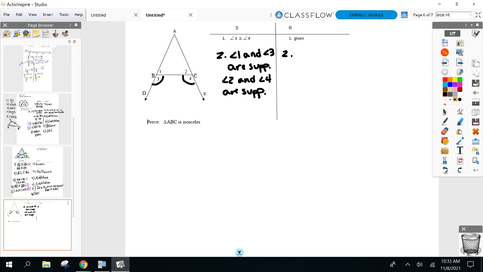What's that reason we used to write up here in pink? Linear pairs are supplementary, yeah.